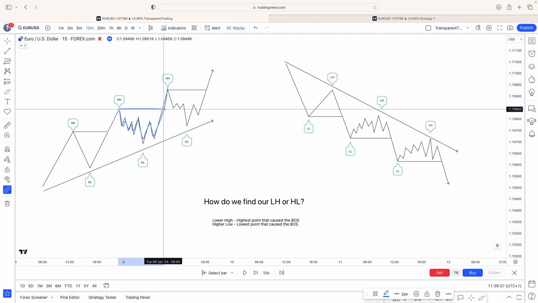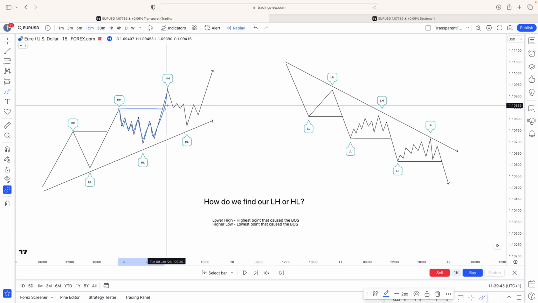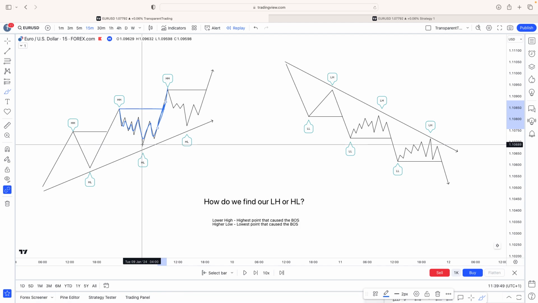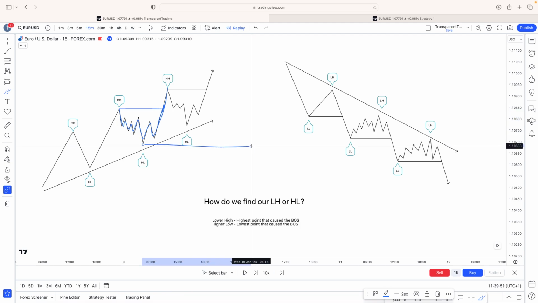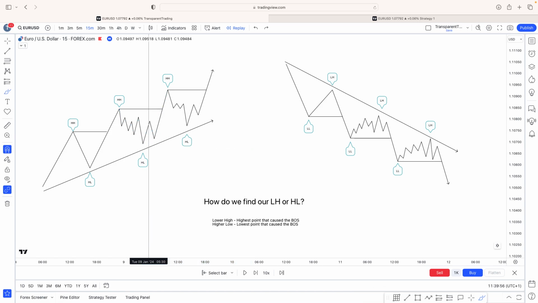So we can then mark on our higher low, as it is only confirmed and cemented once we have this break of structure, okay? As soon as we get this break of structure, we can look for the lowest point that caused that break of structure, which is going to be here, okay? So it's only confirmed and cemented once we have that break of structure.